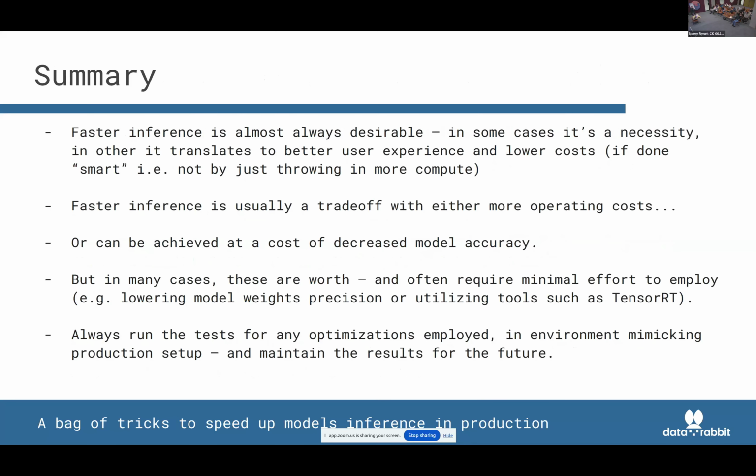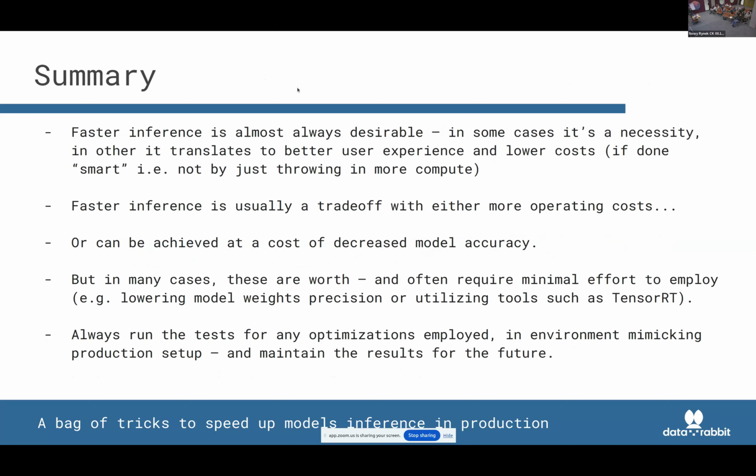Okay, so the summary. Faster inference is almost always desirable, right? In some cases, it is a necessity to even have the solutions enabled. In others, it translates to better user experience and lower costs, if done smart, not just by throwing more money, more hardware, at the problem.